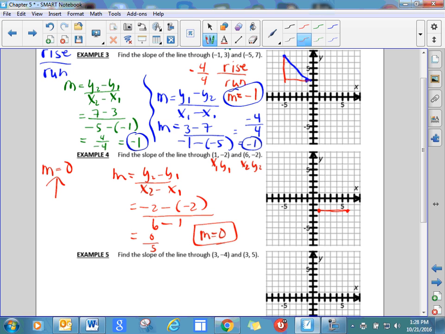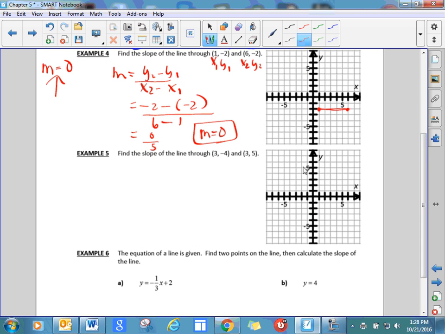This last example here, if we plot the points, 3, 1, and 3, negative 4, and 3, 5, you can see that this is going to be a vertical line, and we're going to expect that we're going to have a slope that's undefined, but we're going to prove it. So let me get a different color.